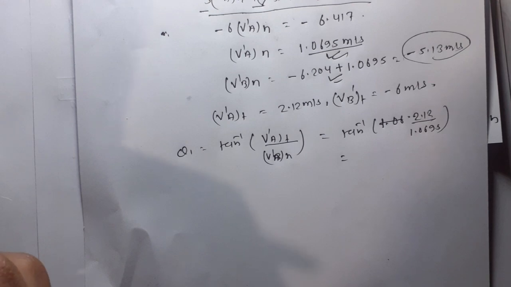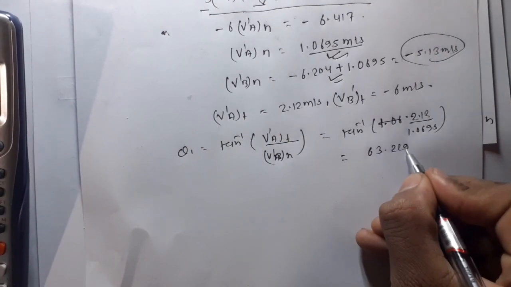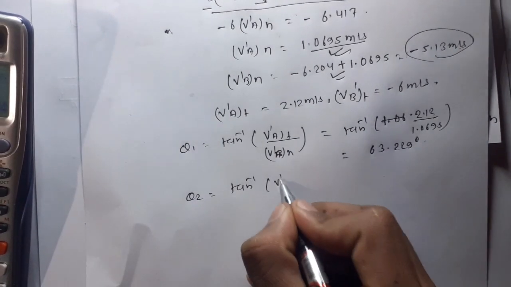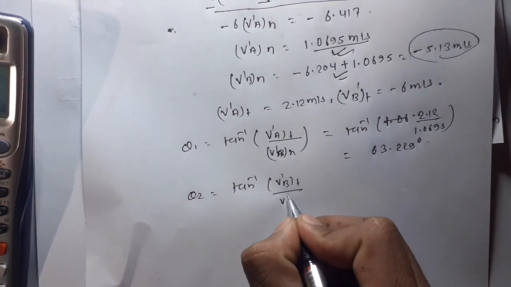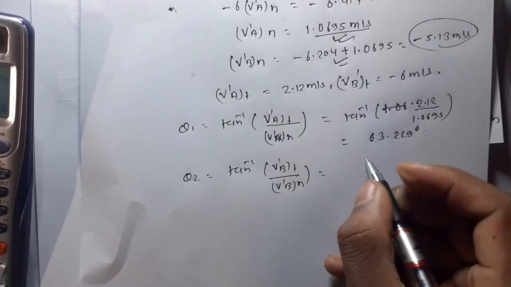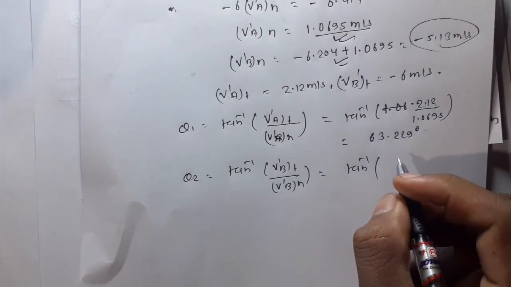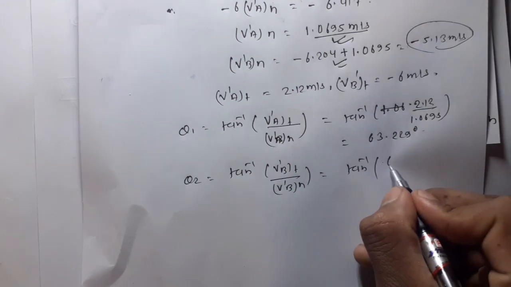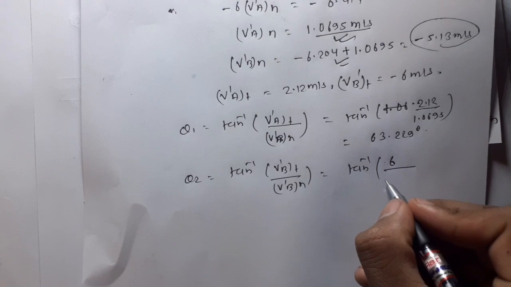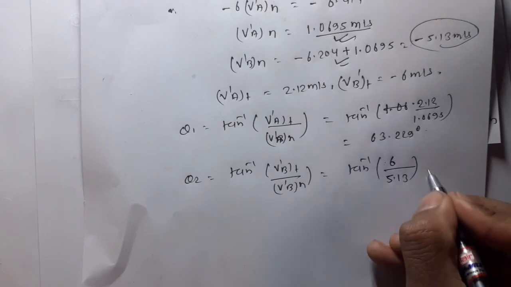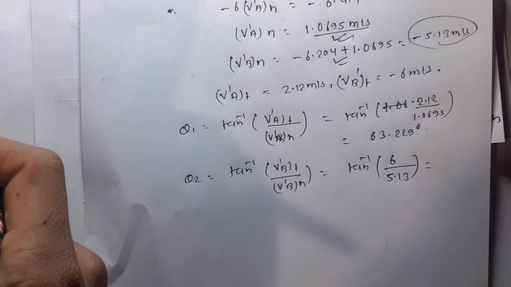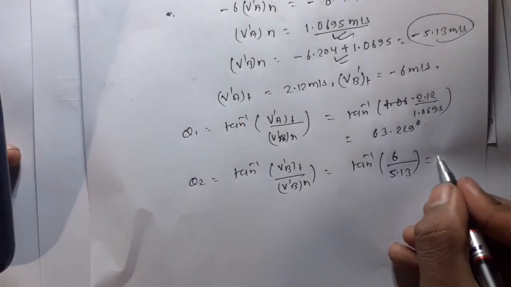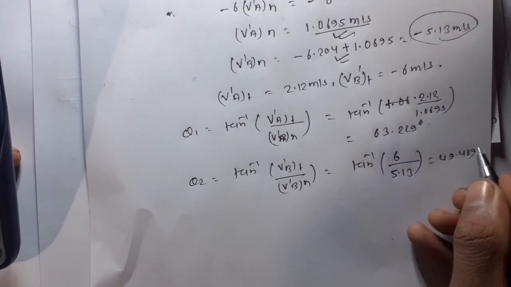So this is 63.229 degrees. And theta 2 is tan inverse of v'BT upon v'Bn, which is tan inverse of 6 (magnitude) divided by 5.13, so this is 49.469 degrees.